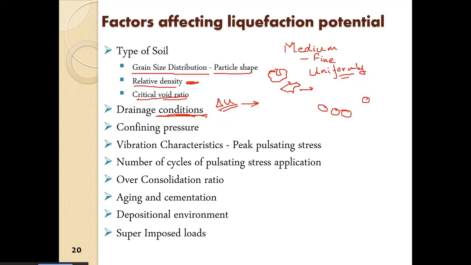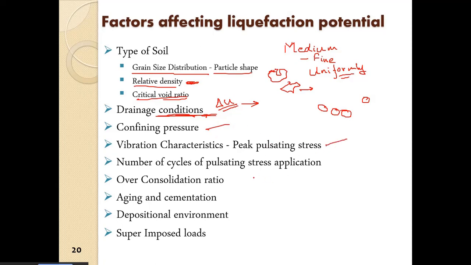If we increase the drainage condition, if we install drainage paths like PVDs in the soil, then obviously the pore pressure generated will be quickly dissipated through the drains. As soon as it is dissipated, definitely there will be settlement in the soil, but the liquefaction condition will not develop.